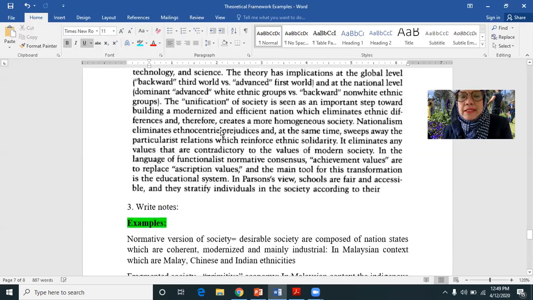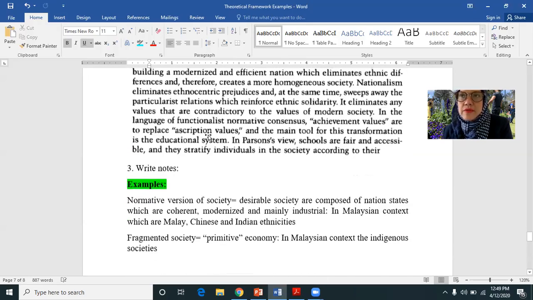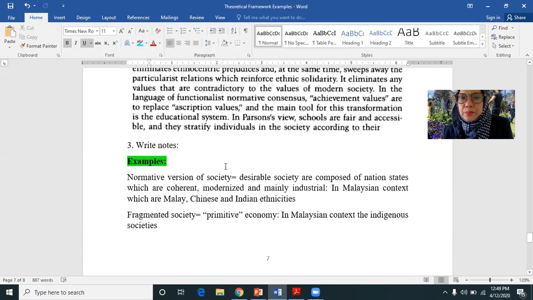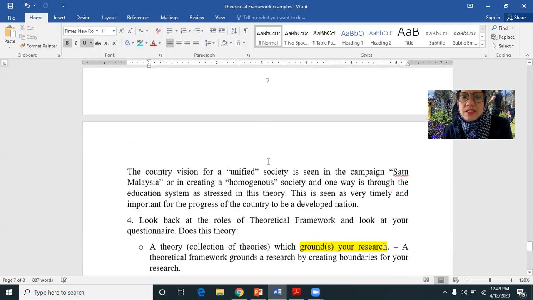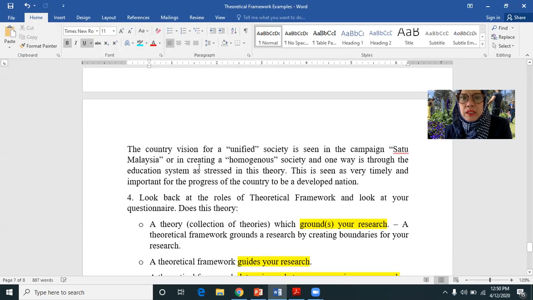And then in the theory also, it describes the fragmented society, the primitive society, the one who lags behind. Maybe, for example, in our country, the indigenous groups, okay, in indigenous society. Then it also says that the country has to have a vision of unifying, of having togetherness in all the ethnic groups. Okay, so what does that do?